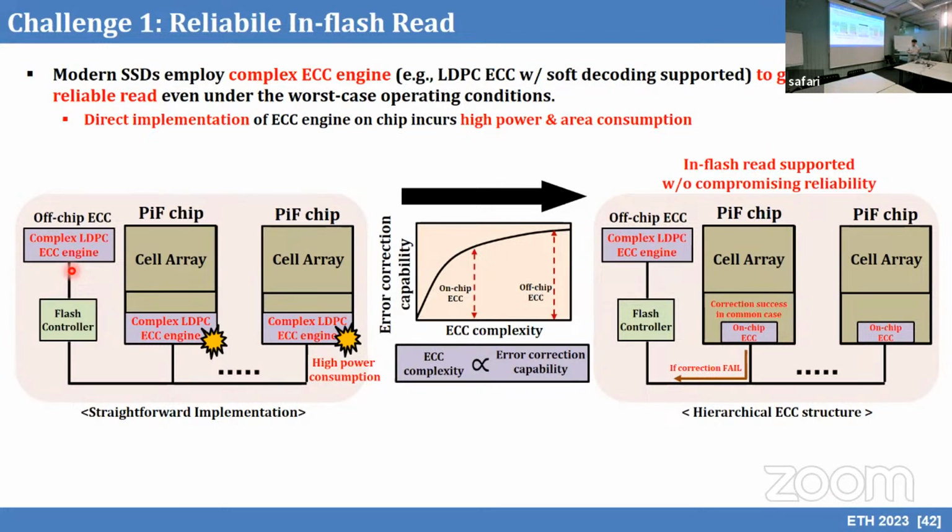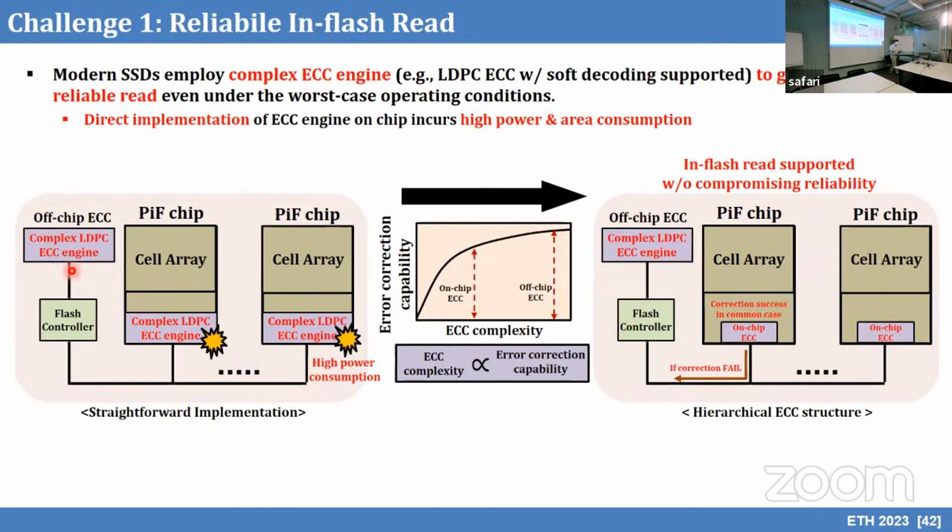In our case, we read and then do weak on-chip ECC. If cells are in a pretty reliable state and there are not many errors, then on-chip ECC will work. And when on-chip ECC cannot recover, so correction fails, we send it to the off-chip engine.